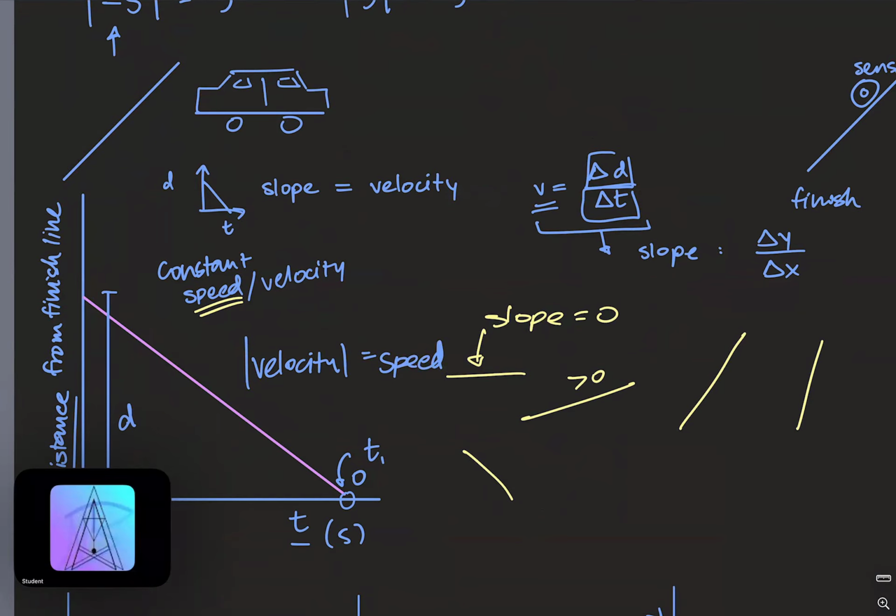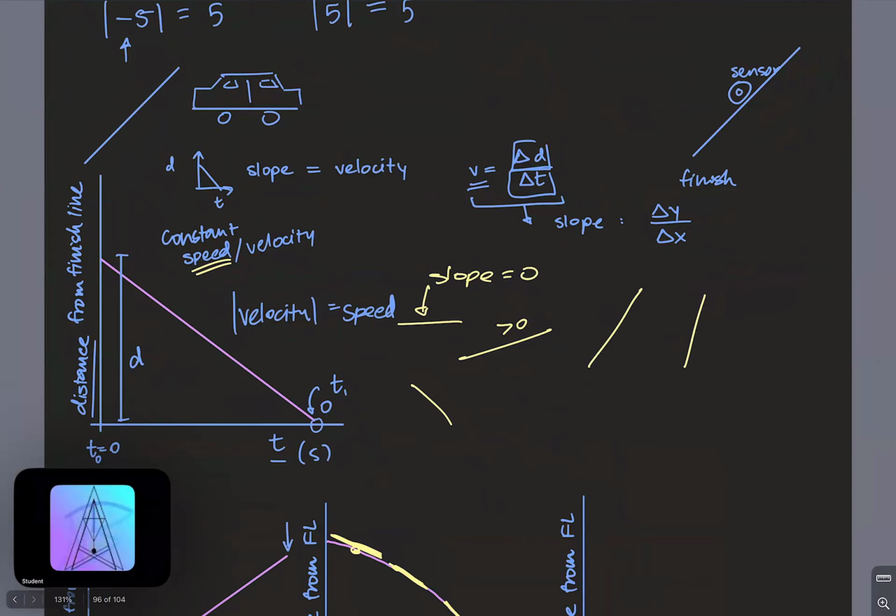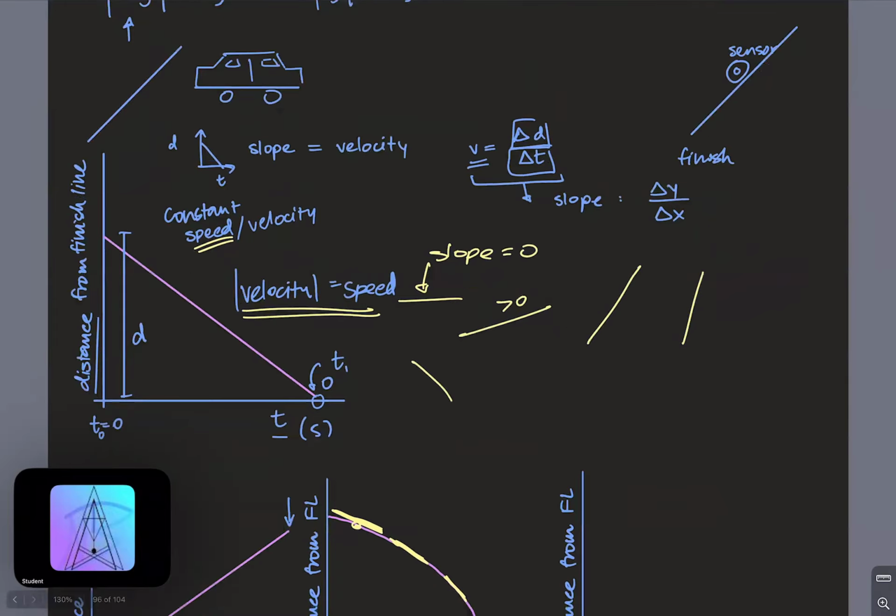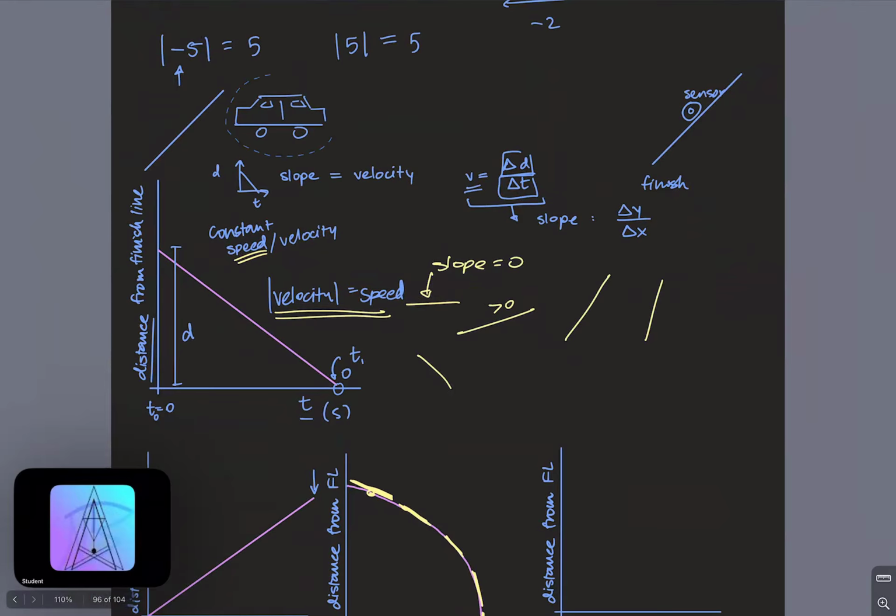Correct. Okay, let me pick up where I was. So negative slope, right? Here it's negative, but like I said, the magnitude of the velocity is still greater than zero. So even if it's not moving in whatever your positive direction is defined as, it's still moving at a speed that's greater than zero.